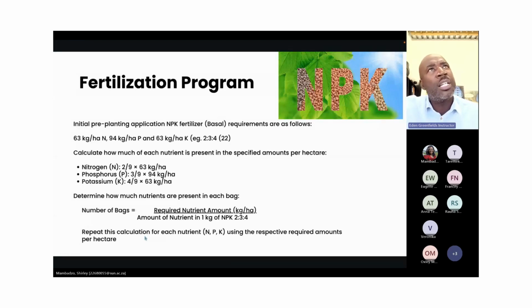Then you wonder, if the nutrients that we are after are so little, yet the bag is 50 kg, right? During manufacturing of fertilizers, they use what they call fillers. Now, fillers are the ones that make the fertilizer bulky for easy application in the field. Are we together?